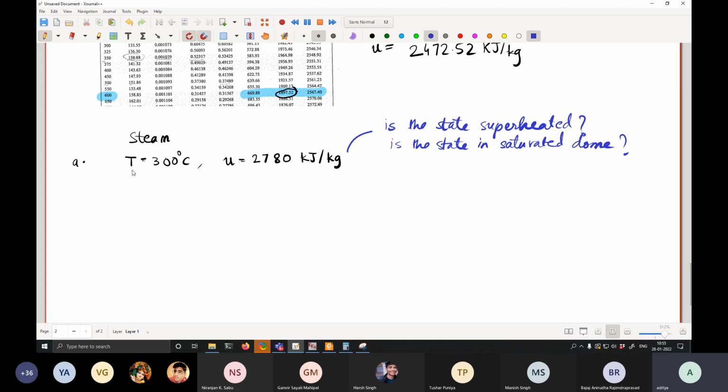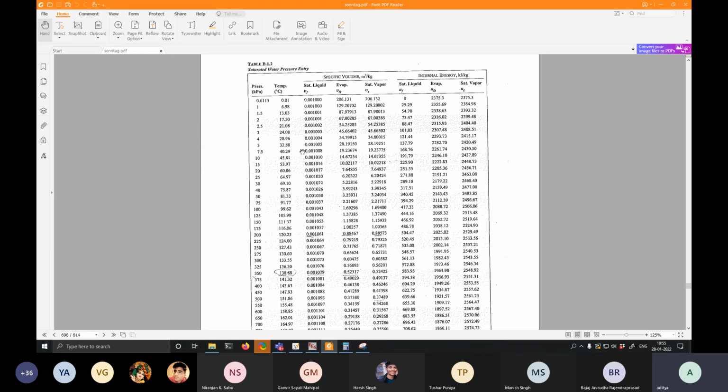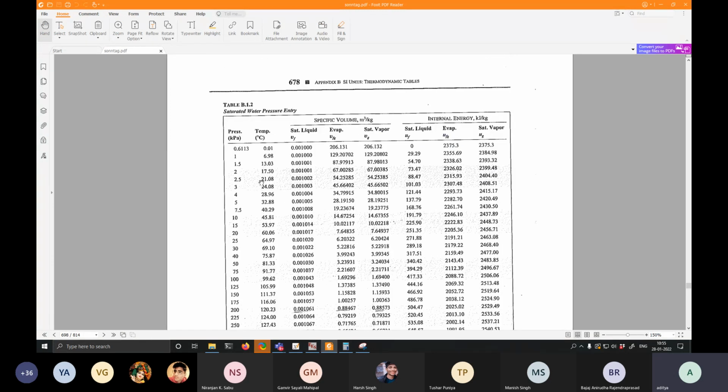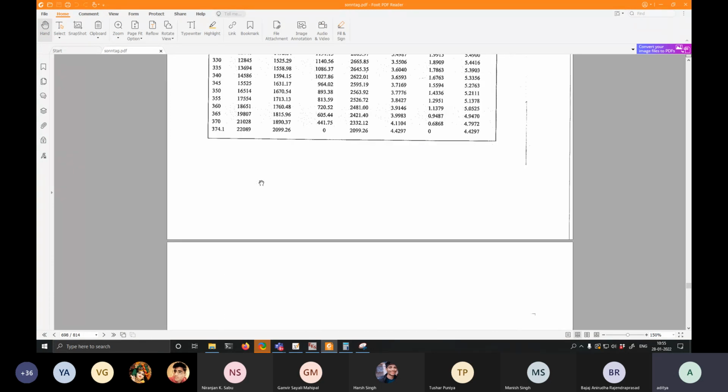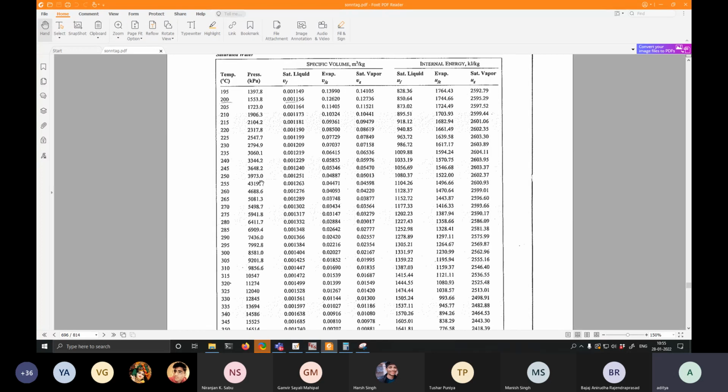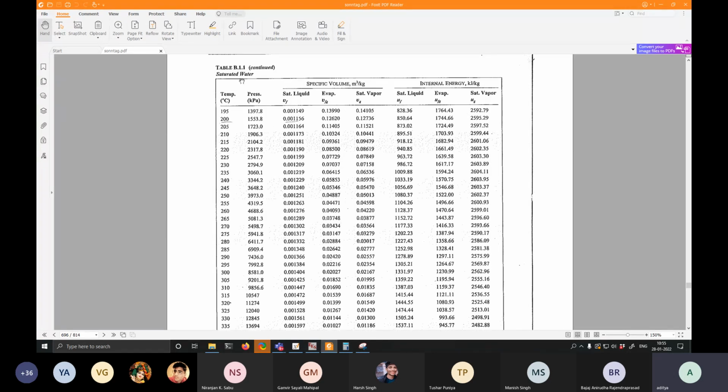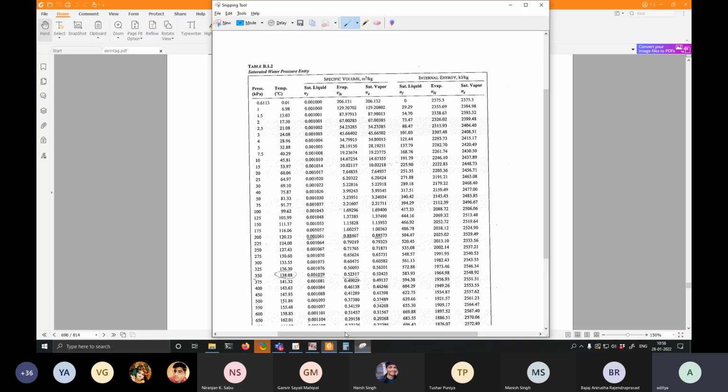So let's see, at 300 degrees Celsius we will go to steam. So we will go to temperature entries because we have been given the temperature. So this is the table for saturated water at 300 degrees Celsius. This is what we have. Let me take a screenshot for everyone's benefit.